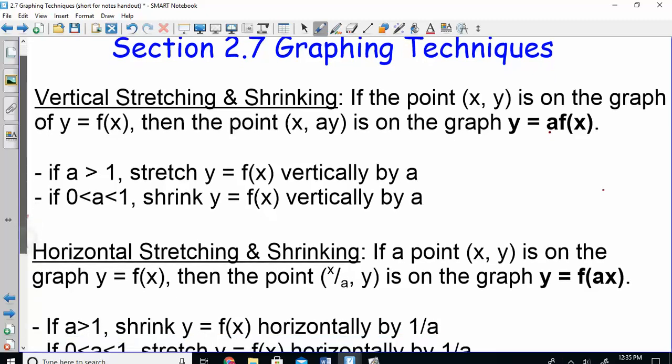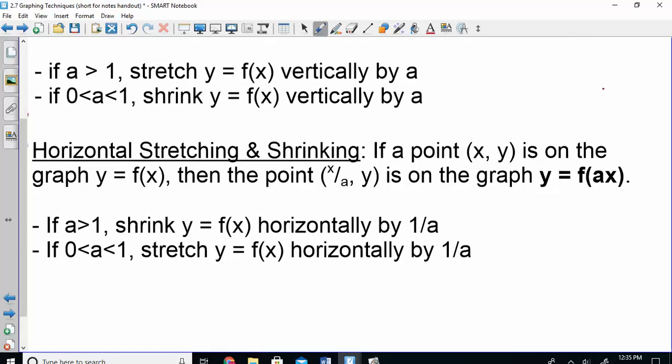The horizontal stretching and shrinking is a little bit harder to think about. Anything on the inside affects x, but it does the opposite of what you said. So if I'm multiplying, if I have a 3x under my square root, for instance, what I'm going to think about, okay, it's inside, it's x, but it does the opposite.